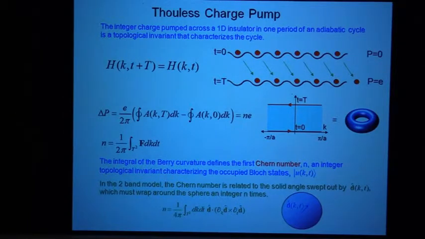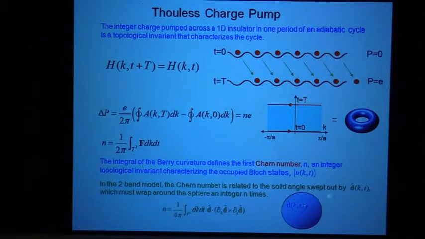And I told you that the Berry phase you can think of as just the solid angle. The Berry phase on any loop is just the solid angle swept out by D. And so what that means is that this Chern number is just counting the number of times this D vector wraps around the sphere.